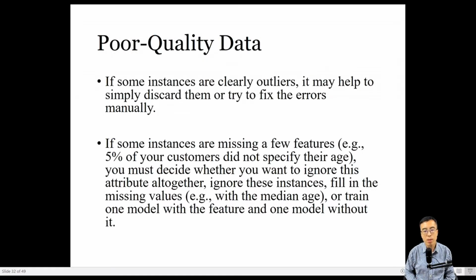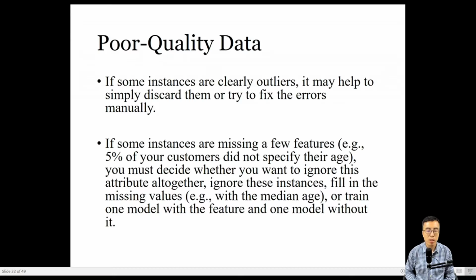And many times, our model also suffer from poor quality data. If, for example, some instances are clearly outliers, then maybe it could be helpful for us to simply discard those outliers or try to fix the errors manually if those outliers denote some data entry or measurement errors.